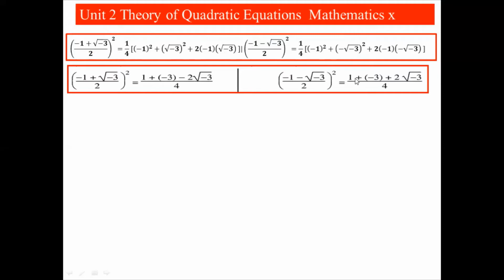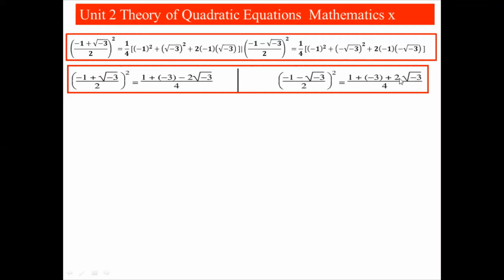Here we can write this as 1 by 4, and (-1) square is +1, and when we take the square of this minus, we have positive, and when we take the square of square root of -3, we have -3.